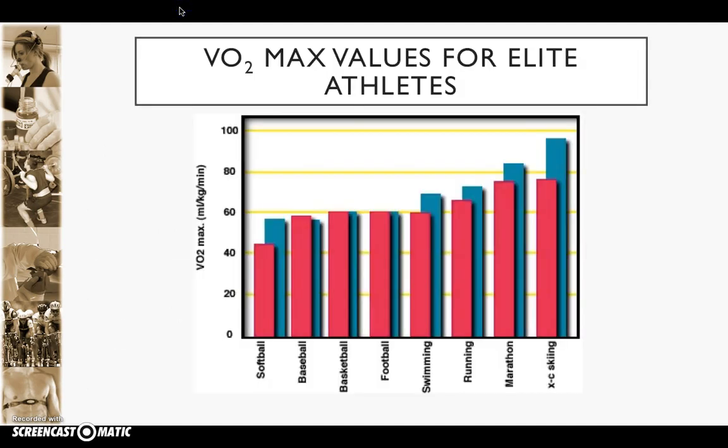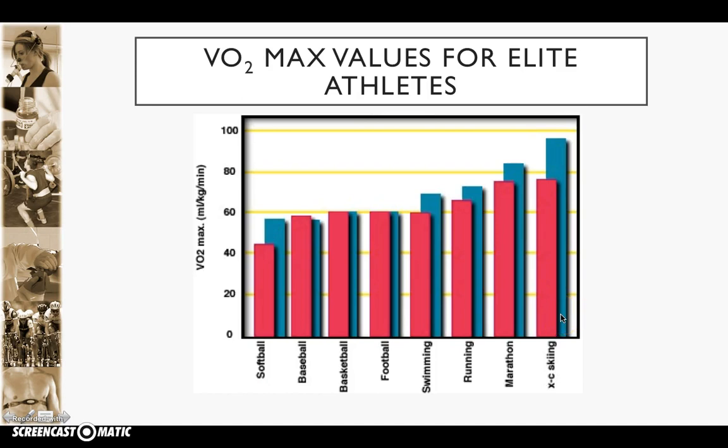Now, with regards to this graph, this is showing the differences between elite and non-elite athletes with regards to their aerobic capacity and the sport they take part in. Down here, more your anaerobic based sports have a low percentage of VO2 max in comparison to our more aerobic endurance athletes such as running, marathon, cross-country skiing.